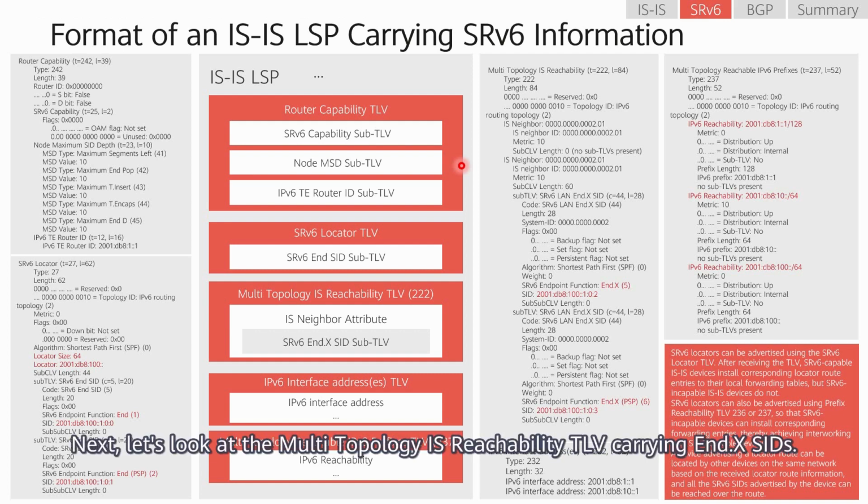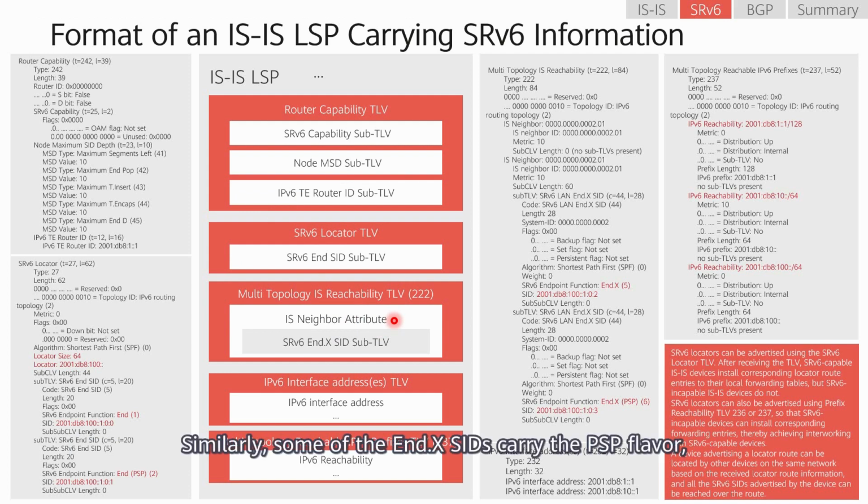Next, let's look at the multi-topology IS reachability TLV carrying END.X SIDs. Similarly, some of the END.X SIDs carry the PSP flavor, but the others do not. In addition to the TLVs mentioned earlier, the LSPs also carry an IPv6 interface address TLV and a multi-topology reachable IPv6 prefixes TLV.